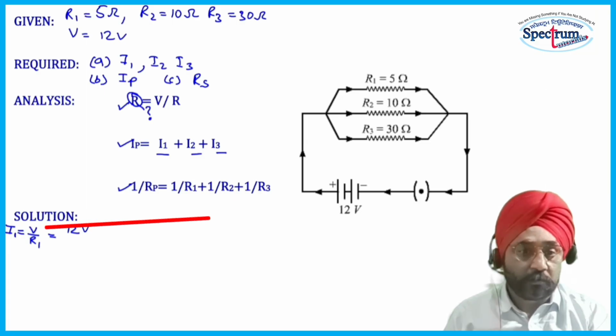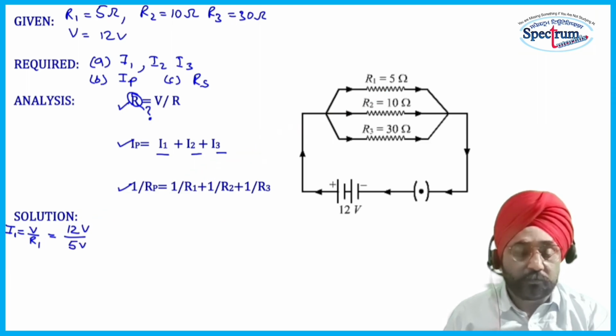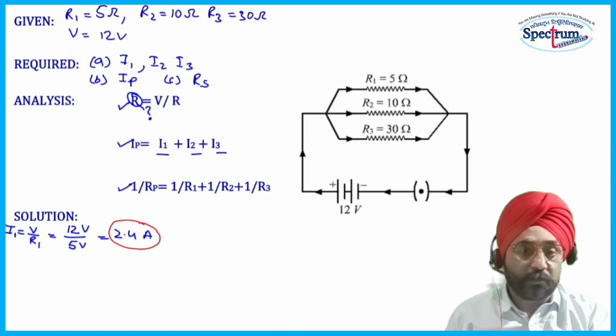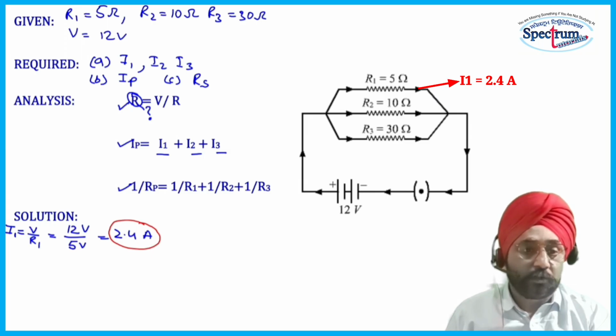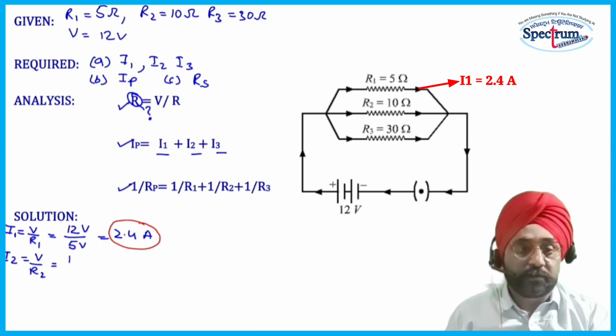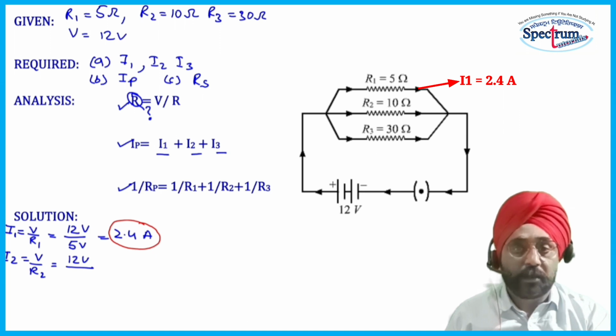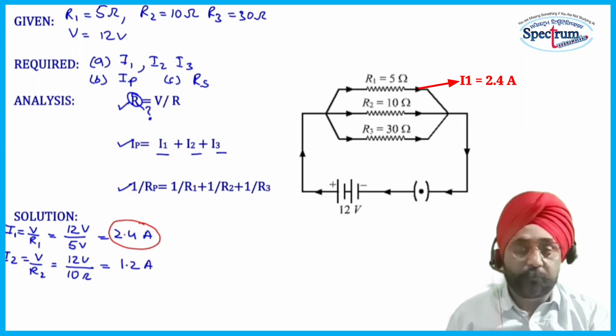V is 12 volt, R1 is 5 ohm. So 12 over 5 comes out to be 2.4 ampere. I1 is 2.4 ampere. Now we find I2, V upon R2. V is 12 volt and R2 is 10 ohm. So this comes out to be 1.2 ampere.